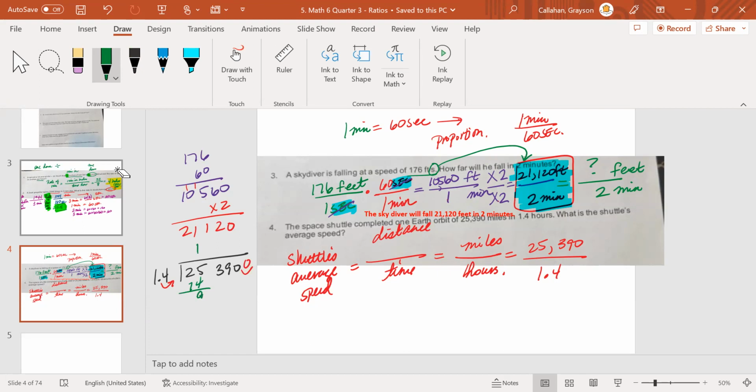Subtract, you get 11. Bring down the 3. 14 times 8, do it on the side, is 112. Remainder 1. Bring down the 3.